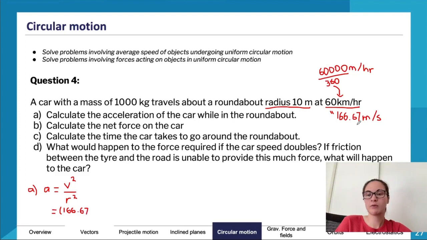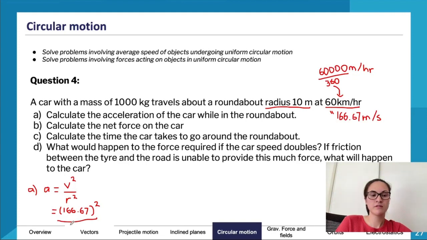The reason we converted that to meters per second is because that's how we talk about velocity in physics, but also because our radius is in meters, so everything has to be consistent. Divided by the radius.